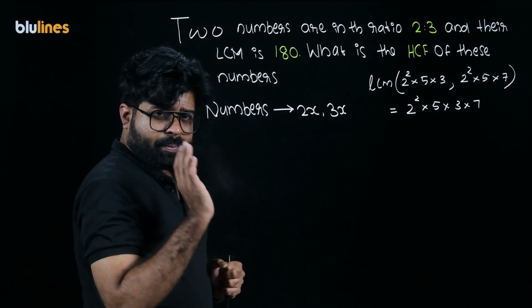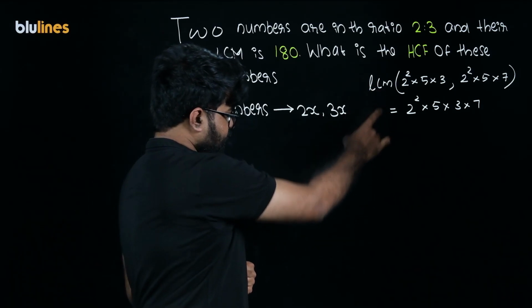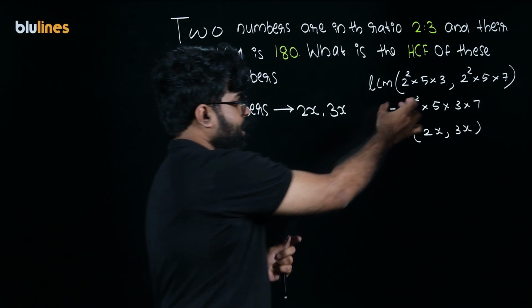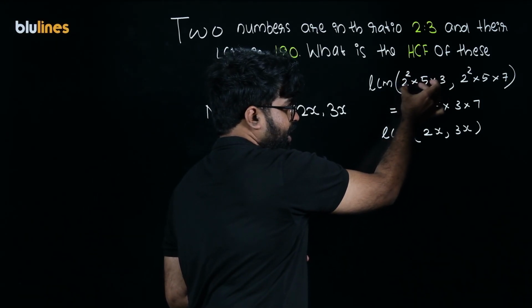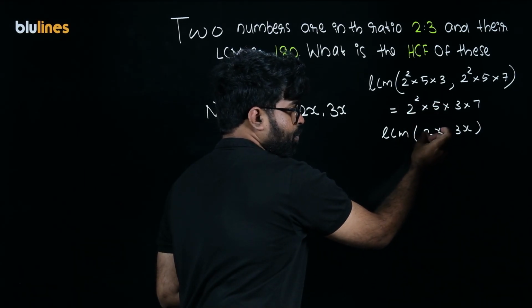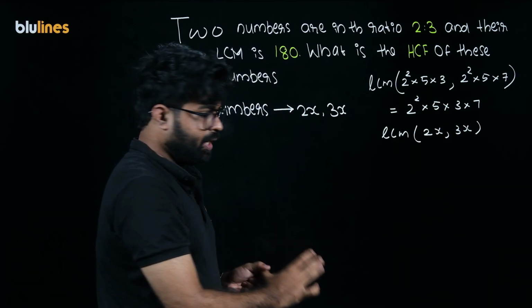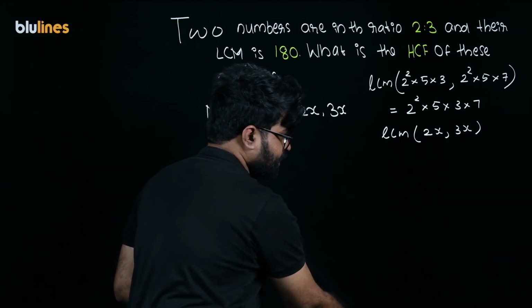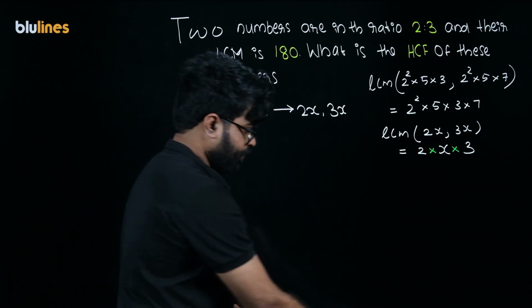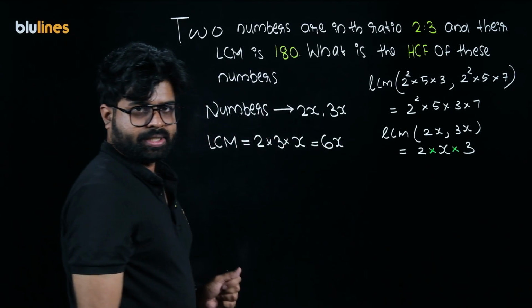By a similar fashion, what is the LCM of 2x and 3x? There is an x; you can choose 2 square multiplied with 5 as an x. The remaining portion is 2 and 3. Similarly, the LCM of 2x and 3x will be equal to 2 multiplied with x multiplied with 3. So, we know that the LCM is equal to 6x.